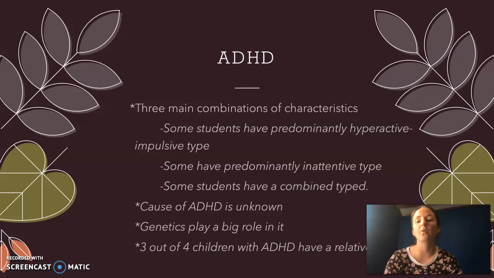Scientists do not know what the cause of ADHD truly is, but they do know that genetics does play a big role in people that have ADHD. Typically 3 out of 4 children actually have a relative with it. That's a really big number to me.